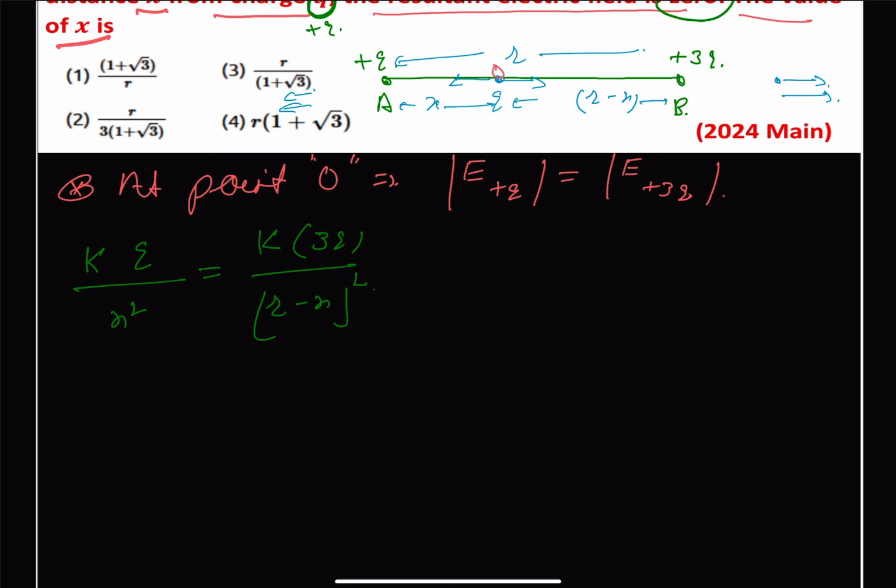This K, Q cancels out, therefore from here we get that our r minus x whole square is equal to our x square.